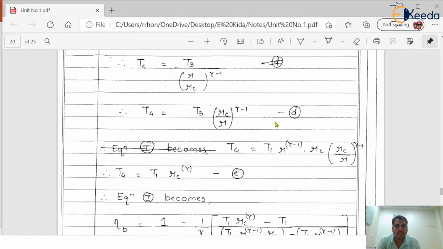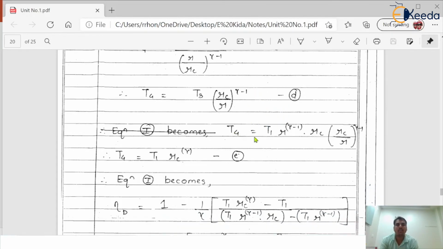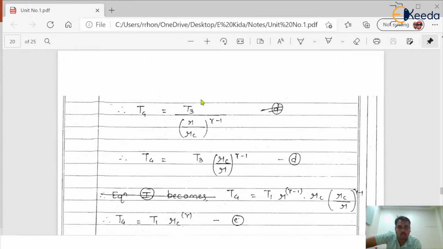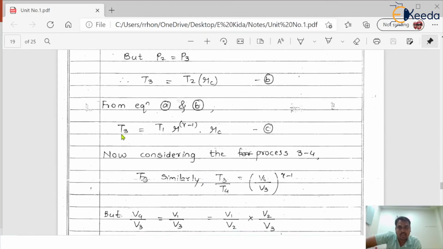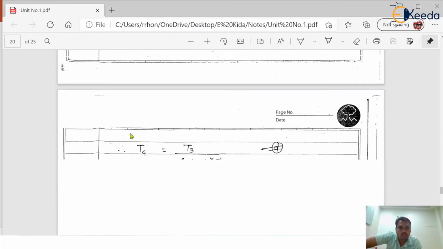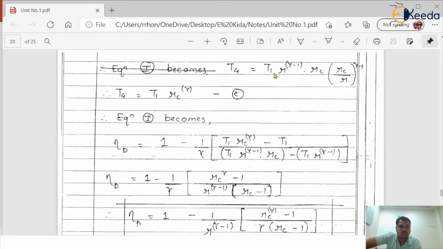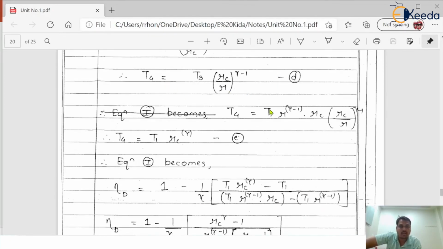Okay, so similarly from the above equation again we can put the value of T3 over here because we already calculated T3 in equation number C. So we can put the value of T3 in this equation of T3. Okay, and rewrite the equation for T4, put all the values and after simplification, this becomes equation number E. So this T4 is equal to T1 into R raised to gamma minus 1 into RC divided by R raised to gamma minus 1 itself.